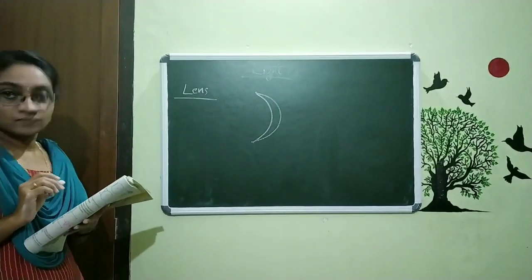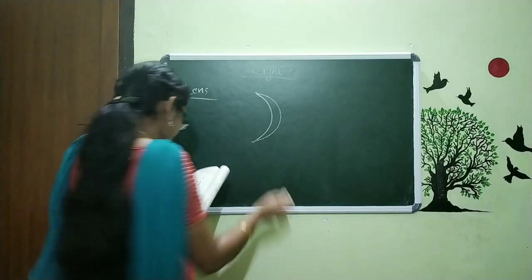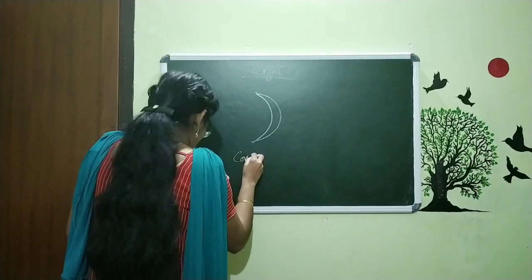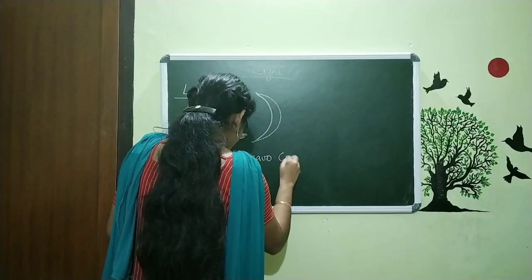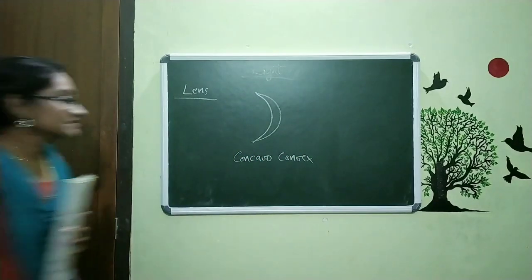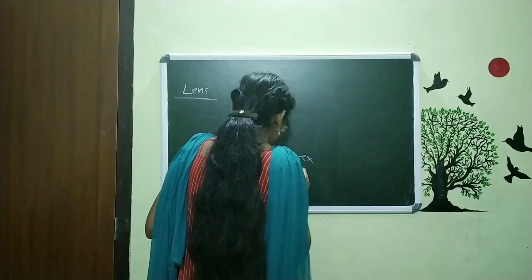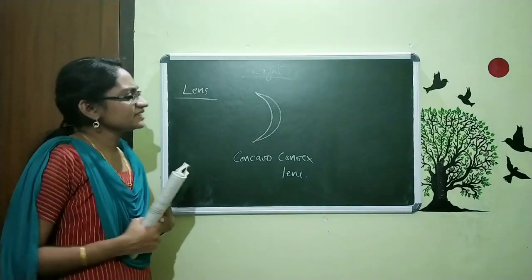It looks like a moon. And what's the name of this? The name is concavo-convex lens. Concavo-convex lens. This is another type of lens. And why is the name like this?